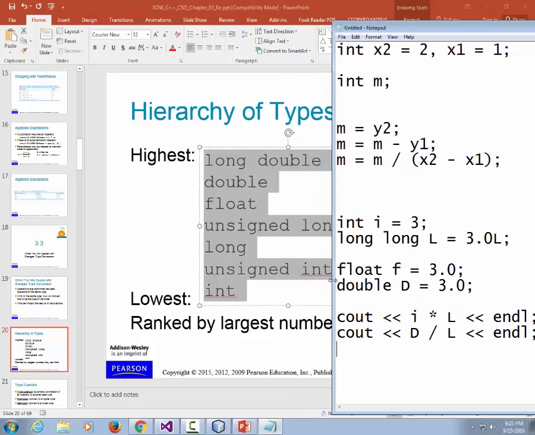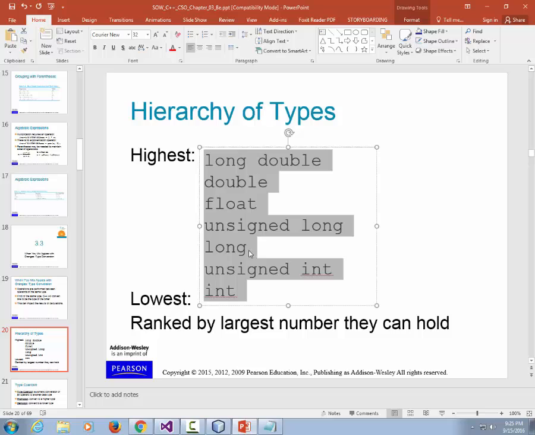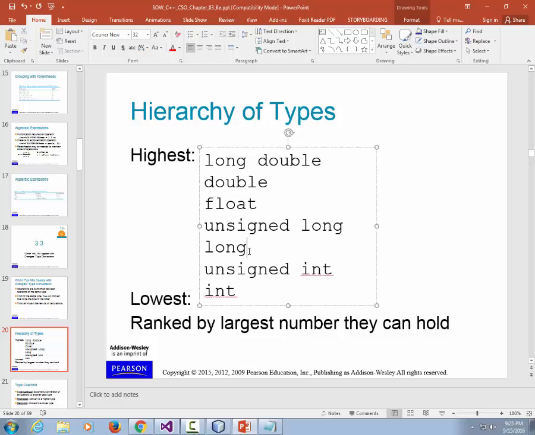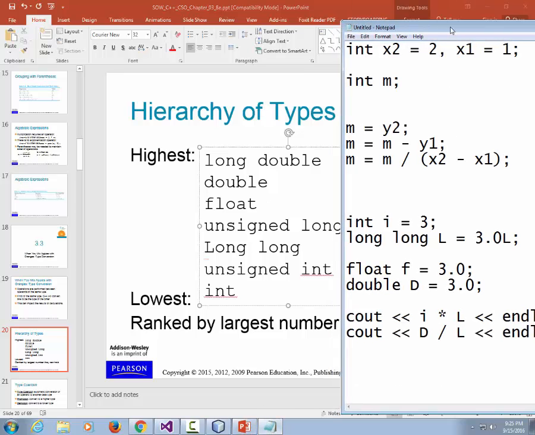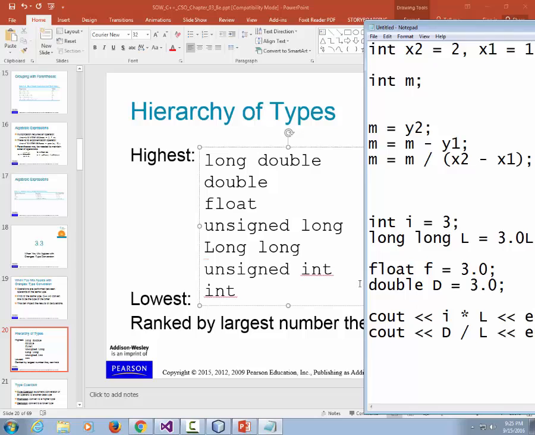So this actually should be the word long. Sorry for leaving that out. So with that in mind, is the long of greater hierarchy than the double, or is the double of greater hierarchy than the long? The double's the highest hierarchy, so the long would get converted to a double.